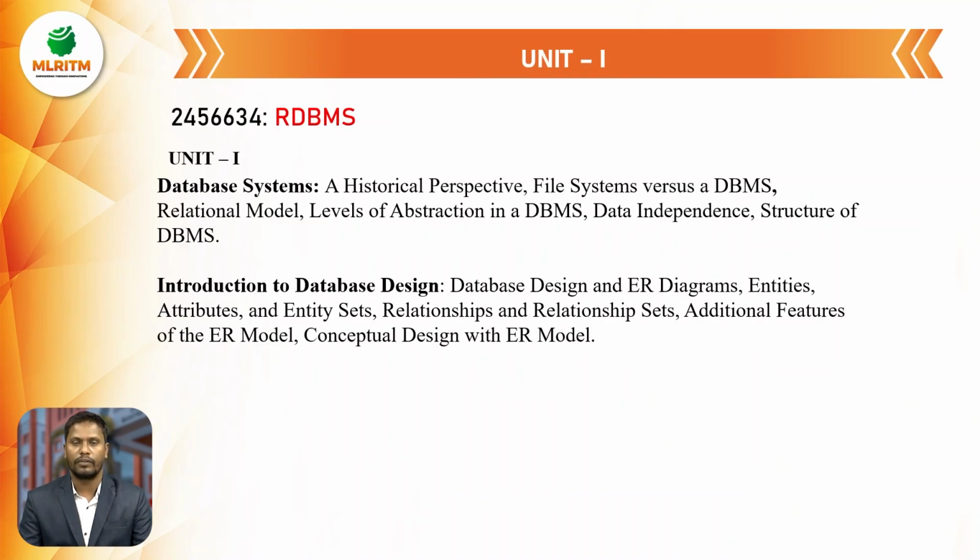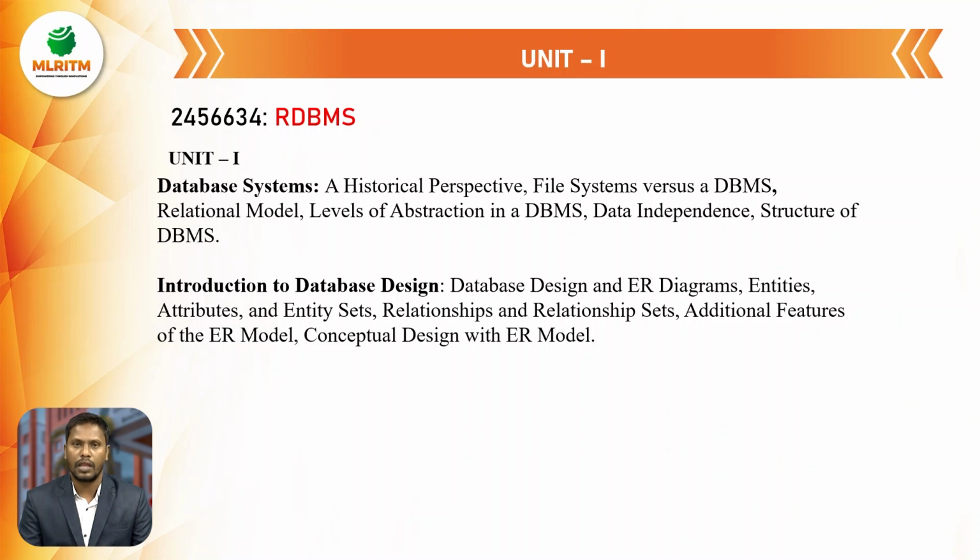Next, coming to unit 1, what are the topics we are covering in unit 1: database system, a historical perspective, file system versus a DBMS, relational model, and levels of abstraction in a DBMS, data independence, structure of DBMS.